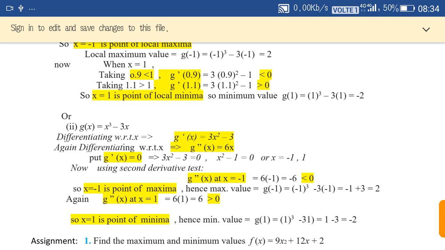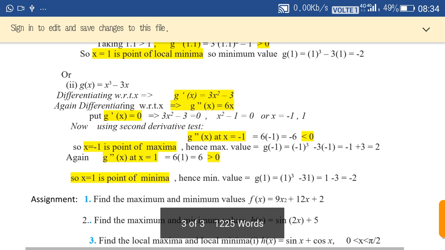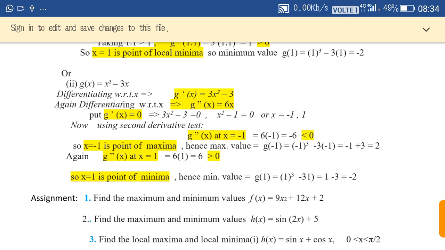And if the second derivative comes less than 0, it means that point is a point of maxima. So x is equal to -1 is the point of maximum, and the maximum value will be equal to g minus 1. The value is obtained from the original equation. Put here x is equal to -1, so we get the value is 2.